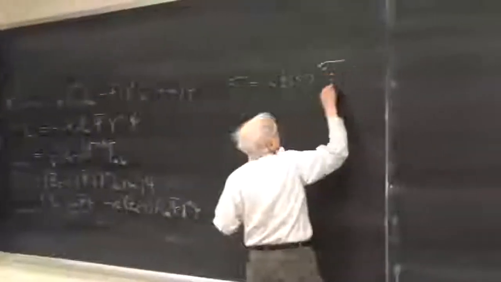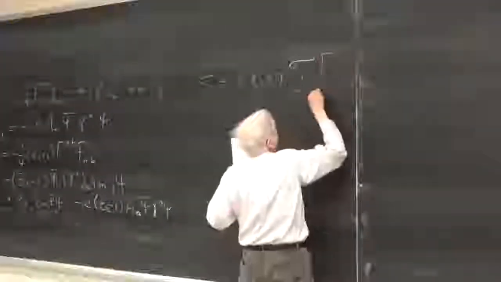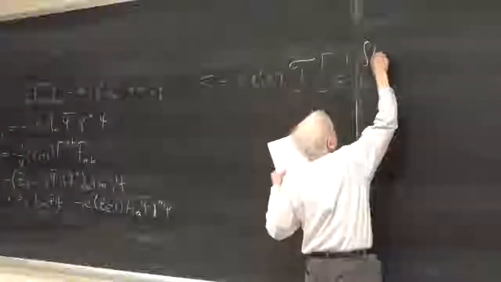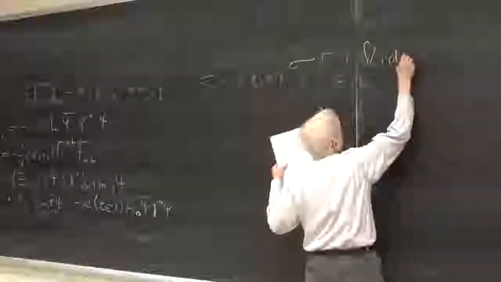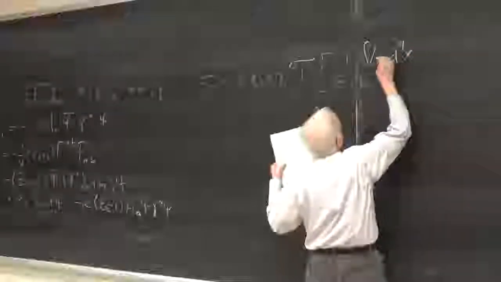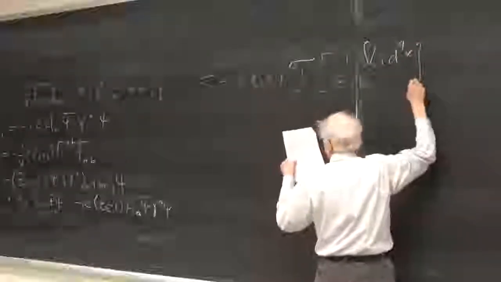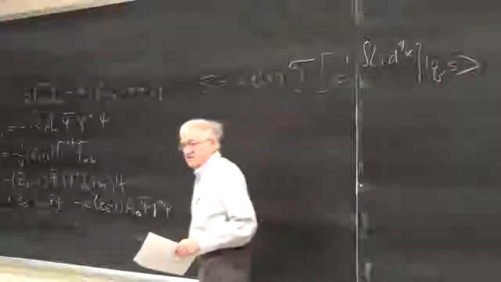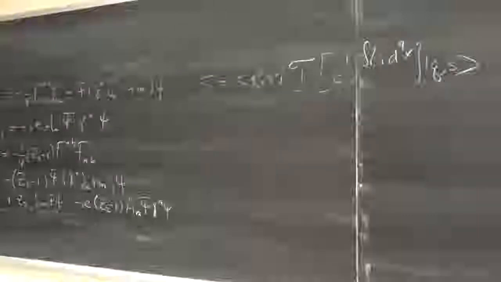It's a time-ordered product, and it's an e to the i integral of L1 of x, acting on the state Q, S. So that's the matrix element that we want to compute.